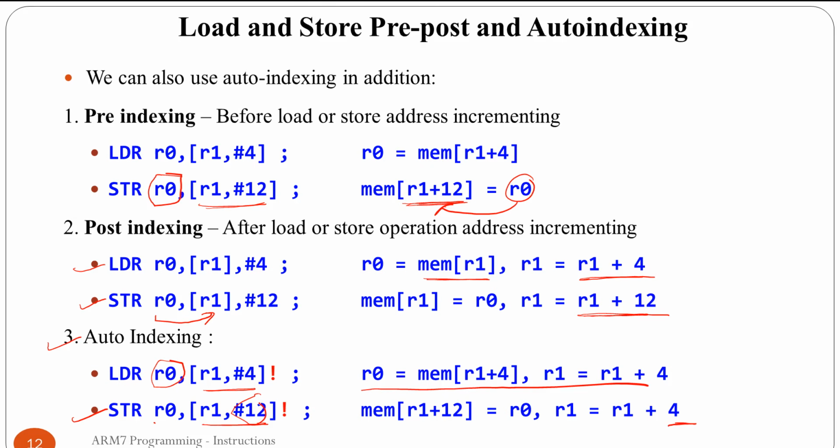Please remember this, because we are accessing 32 bits of data, and if we have byte organized memory, each location can store 1 byte. To get 4 bytes, which is 32 bits, we require 4 address locations. That's why the base address is updated with the value 4.